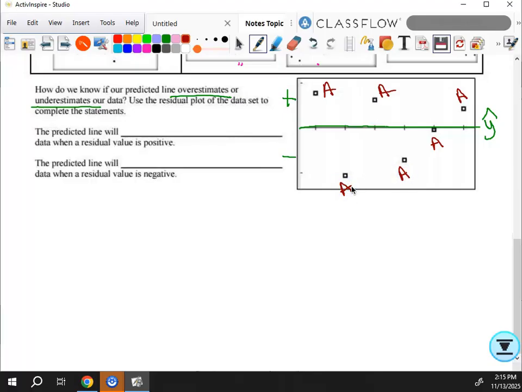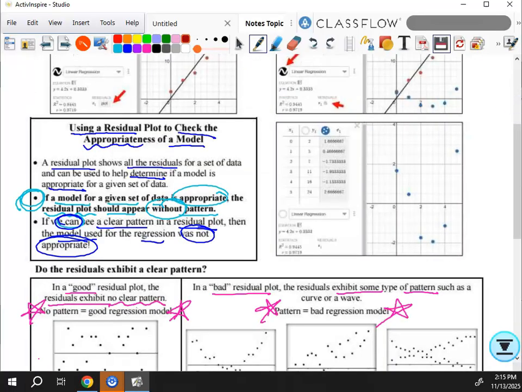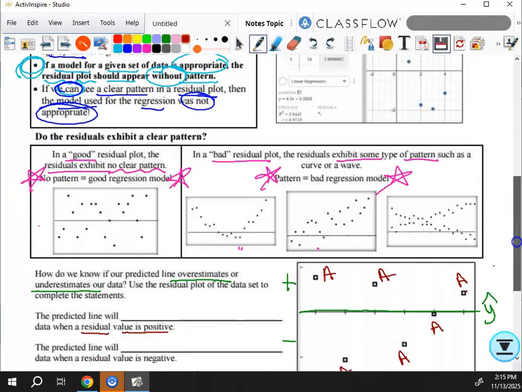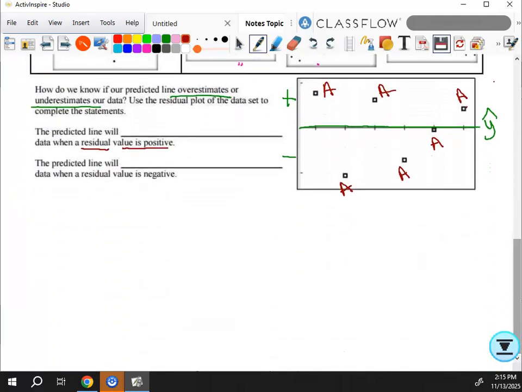So if this is my actual data point, and it's up here, it's a positive residual value, right? So when the residual value is positive, the line is where compared to the point? Over or under it? Oh my God.